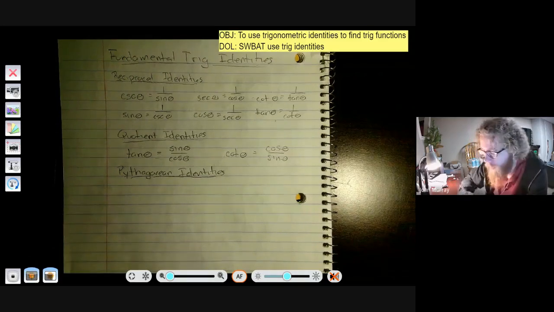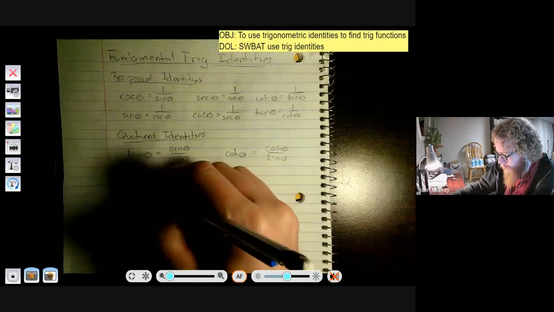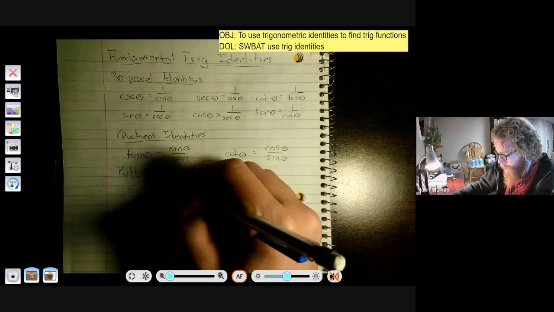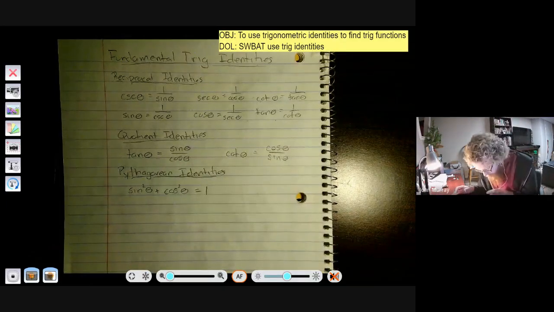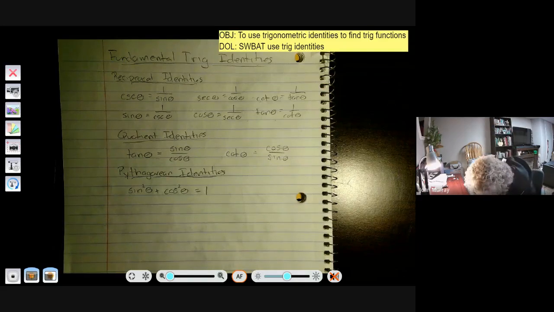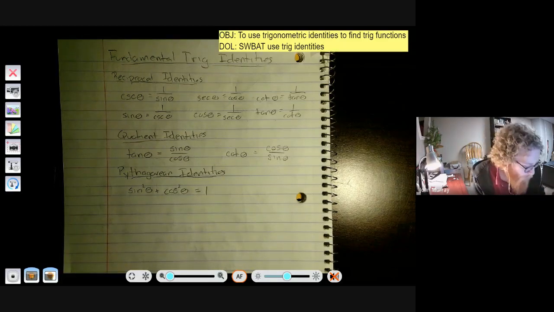Now, this first one you may be familiar with. But we have a rule that the sine squared of an angle plus the cosine squared of the same angle is 1. Sine squared plus cosine squared equals 1.